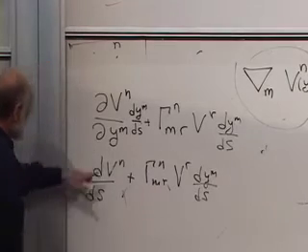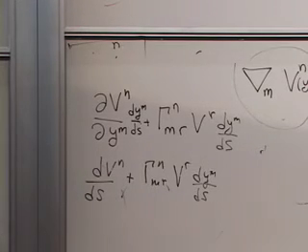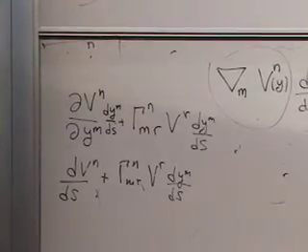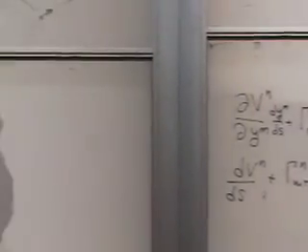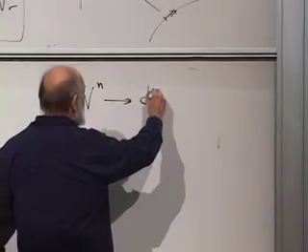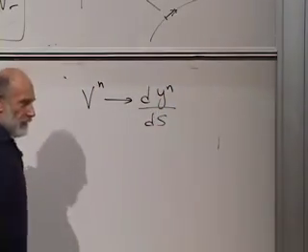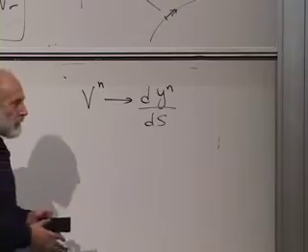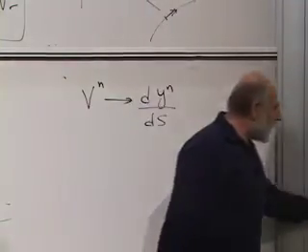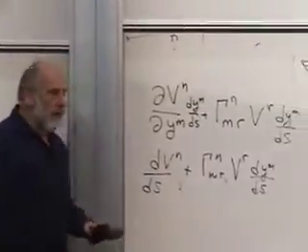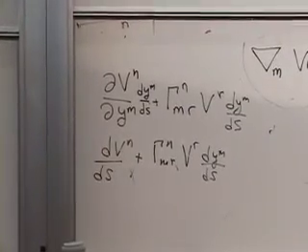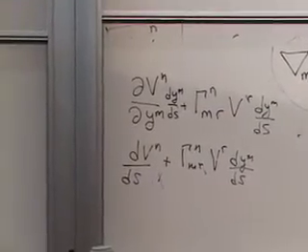Let's do it. What's the component of the tangent vector? For V^n, we're going to substitute dy^n by ds. That's the component of the tangent vector. And I'm now computing the covariant derivative of the tangent vector itself, the covariant derivative along the curve.